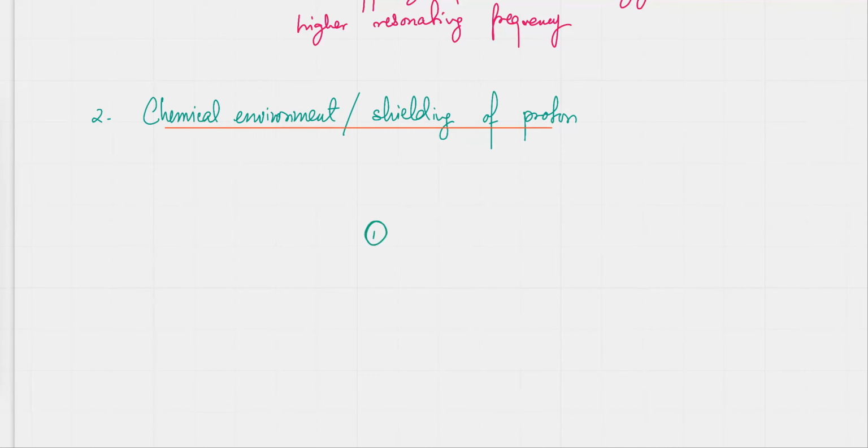So here we have an H proton, so here's my proton, and this proton is in a line spin. So there's this powerful external magnetic field, and it's aligned. Now, what's going to happen is that this proton at the moment is experiencing a lot of magnetic field, so a lot of powerful field.